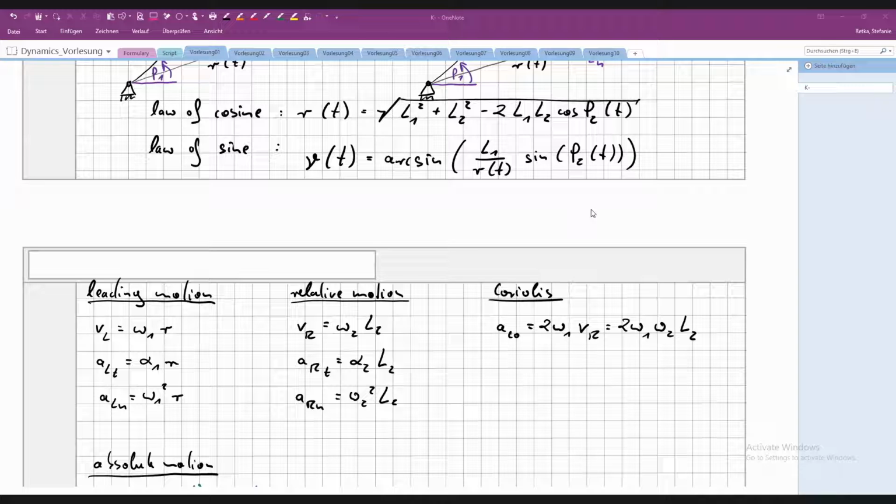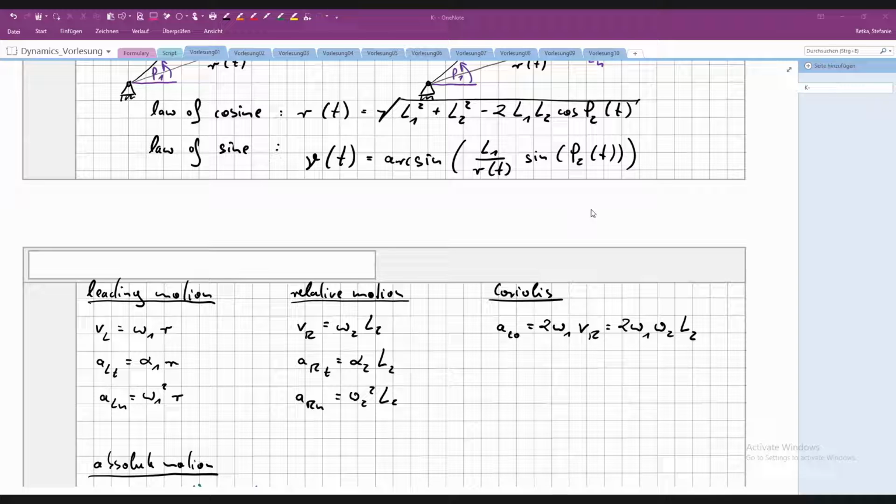And these are the equations: angular velocity times radius, angular acceleration times radius, etc. For the leading motion, we have to make sure our radius is this r that we just computed using the law of cosines. And for the relative motion, our radius is the length of the second rod L2. And then that's it. First step, drawing the diagrams.